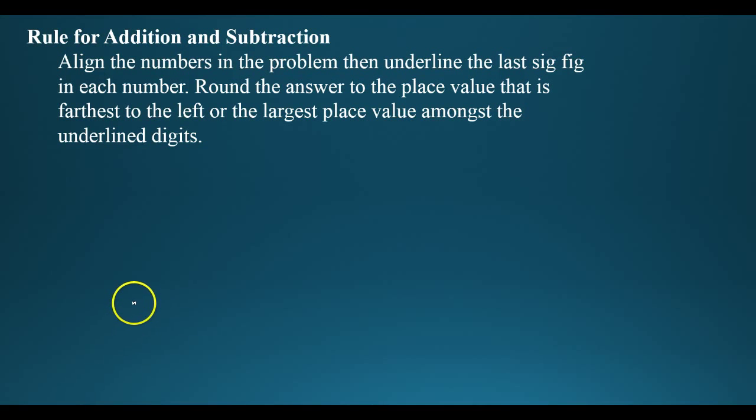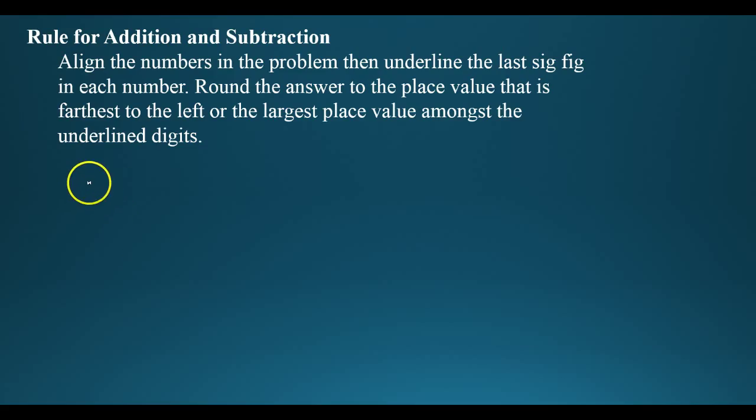Alright, so our last is the rule for addition and subtraction. Now I think this one is a little bit more difficult. What you want to do is align the numbers in the problem, then underline the last sig fig in each number. Then round the answer to the place value that is farthest to the left, or the largest place value amongst the underlined digits.